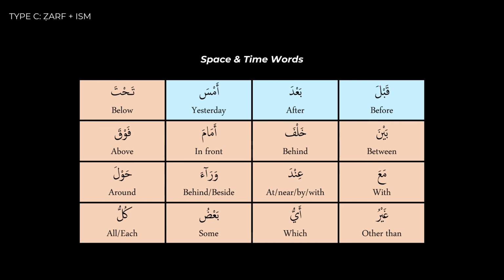Furthermore, one thing to keep in mind when it comes to these words, which is kind of like a special trait, some of them are generally, not always, but generally fixed on a fatha, right? So qabla, even though there's nothing making it nasb, it just has that fatha, right? Same with ba'da. And there are scenarios where you'll see them sometimes with a dhamma, but that's an exception, and we'll cover that at a later date, inshallah. So that's just a small thing to keep in mind.